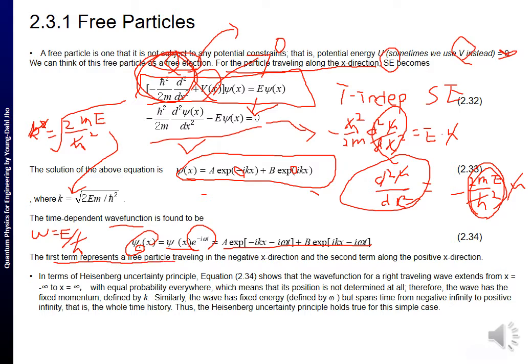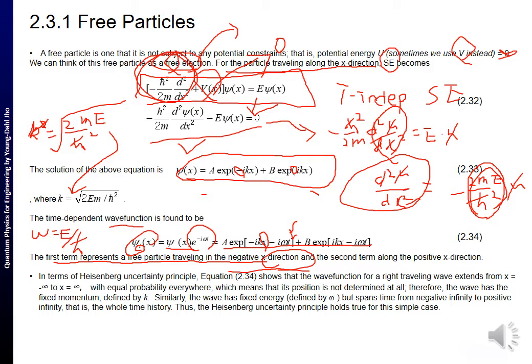The first term represents a free particle traveling in the negative x direction, because when t becomes larger, x should become smaller.